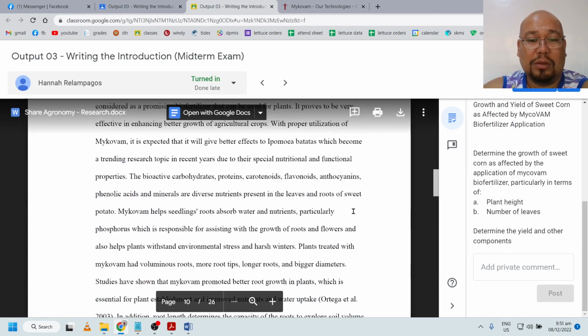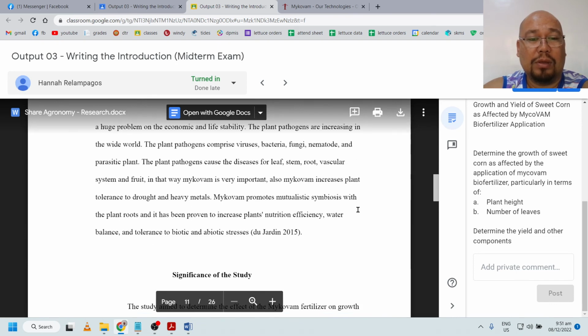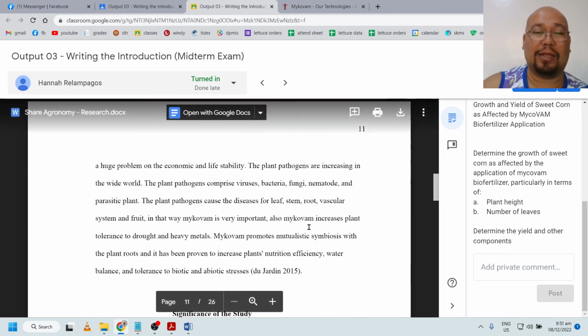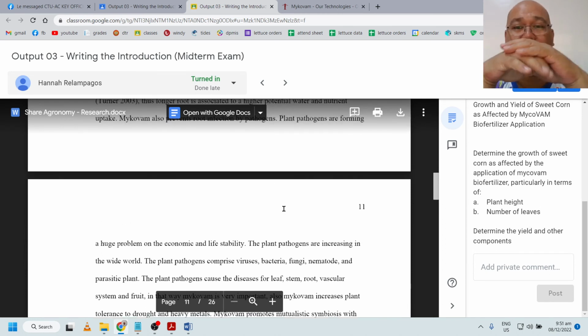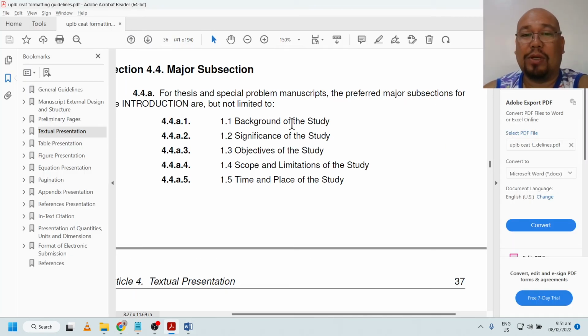Okay. Plant pathogens. So basically, that's it. Again, you start from a more general discussion, then you go into a more specific discussion. So you follow this pattern in the background to give an idea. You start with a short mention of sweet corn and Mycovam, and then significance.